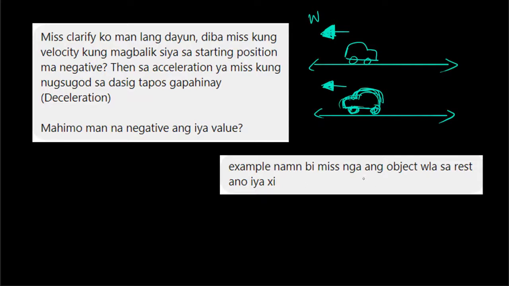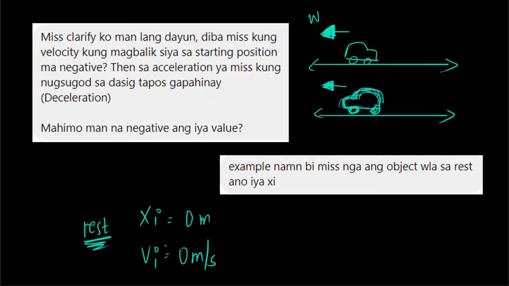Okay? Mayara pagit tayo sa mga question. So, example naman sa mga objects nga wala sa rest. We have a problem prepared for that. But before we proceed, to remind you guys, if you see the object is at rest sa problem, ang word nga rest means ang imong vi is 0 meters per second.